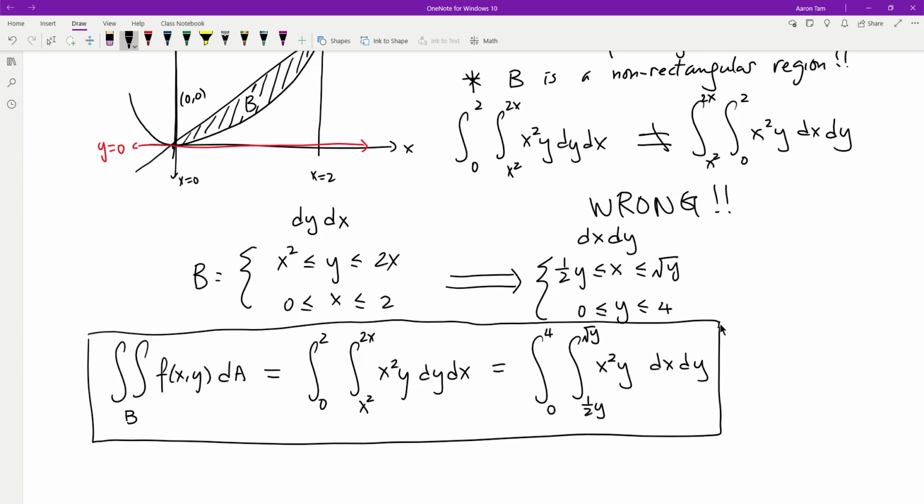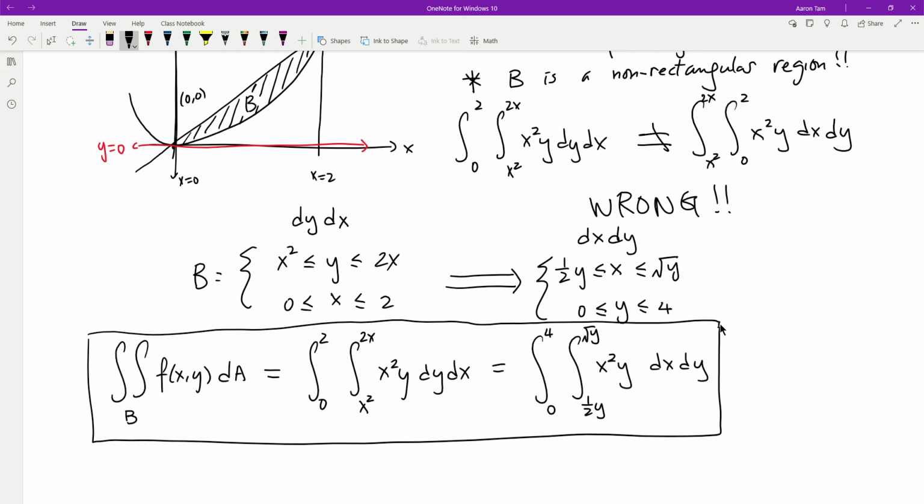Notice that the two orders of integration result in completely different limits. You don't simply flip-flop them. It also requires you to change some of the values and change which one goes first and which one goes second. So there's a lot going on when you try to change the order of integration.